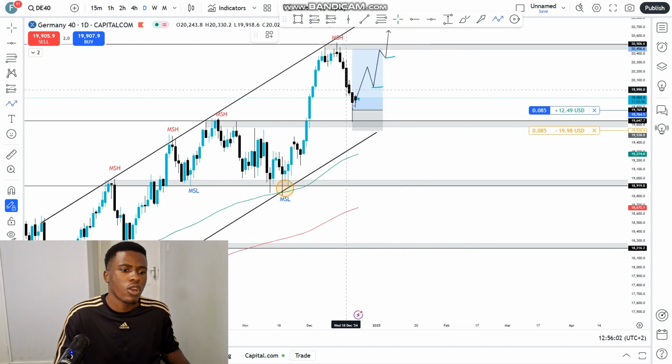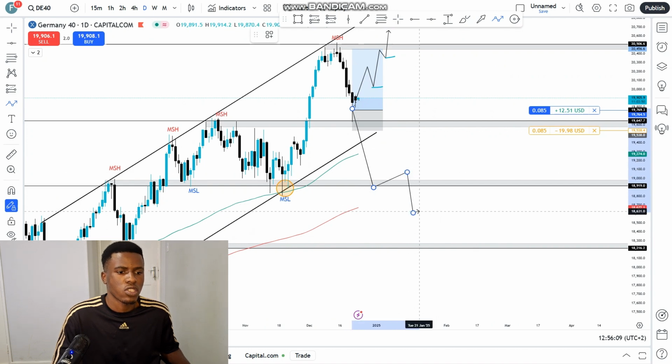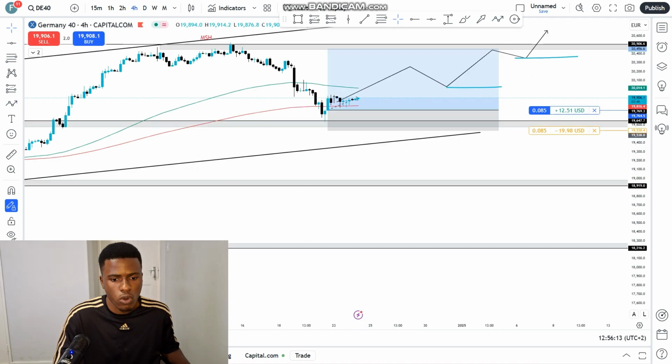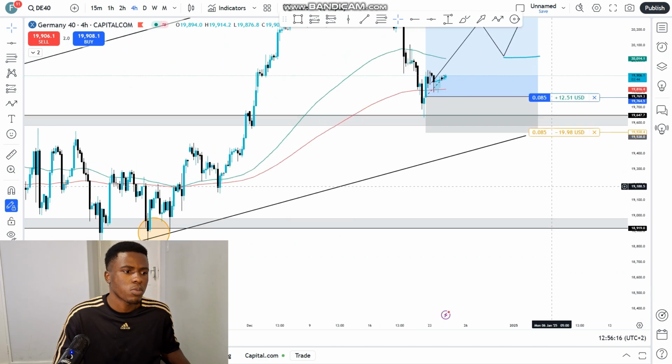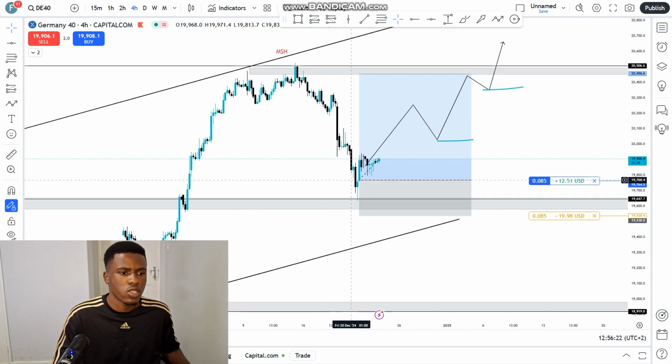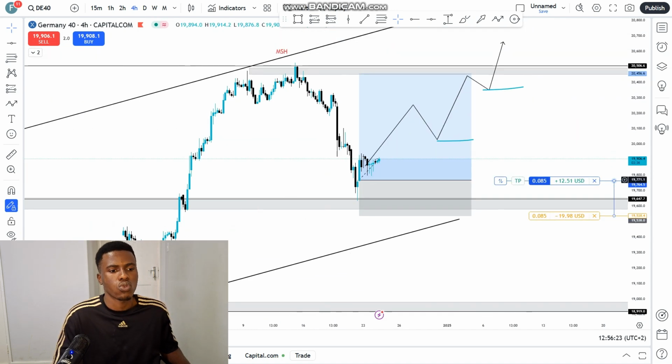Unless we start breaking them, maybe the first 100 moving average and then the 200 moving average, that would be a strong indication to the downside. Other than that, I'm still staying on the long side, because I'm still expecting price to continue making, is it all-time highs here? I'm not sure, but anyways, I'm still expecting price to continue and break this major swing high right there.